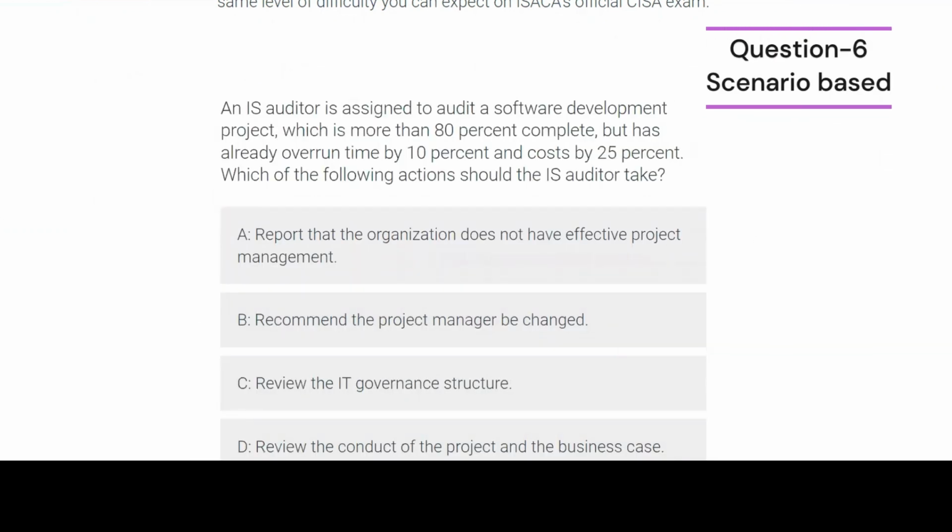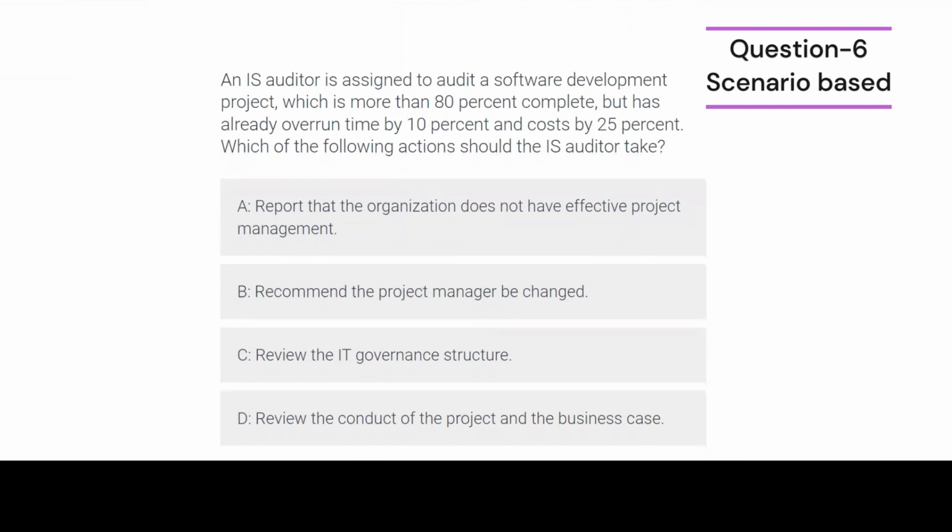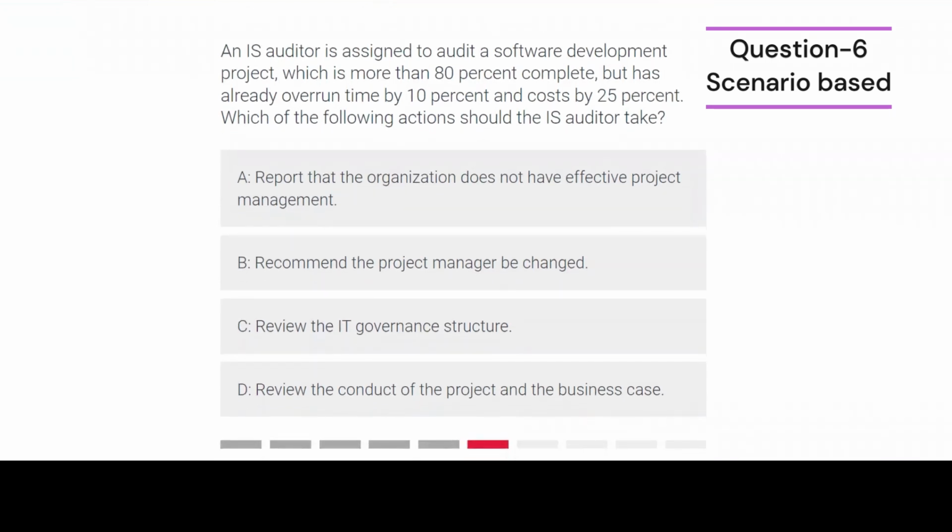An IS auditor is assigned to audit a software development project, which is more than 80% complete but has already overrun time by 10%, caused by 25%. Which of the following actions should the IS auditor take? Report that the organization doesn't have effective project management, recommend the project manager be changed, review the IT governance, or review the conduct of the project and the business case. So this will be the good response.